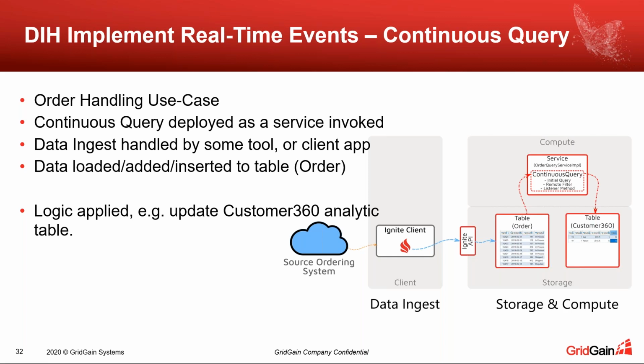Well, I think I've got these out of order, my apologies. The continuous query retrieves applicable rows, and I'll get back to what an applicable row means. And then logic is applied. For instance, hey, this order by this customer, let's update our analytic table, the customer 360 table, because we know we now have more orders from this customer. Maybe I want to do something with my customer 360 view.